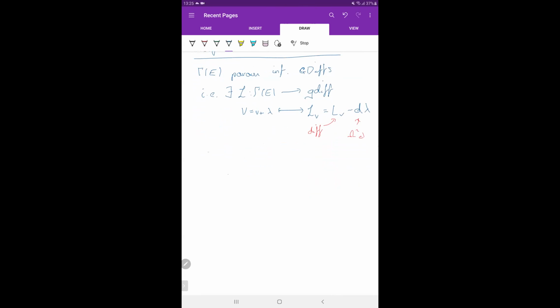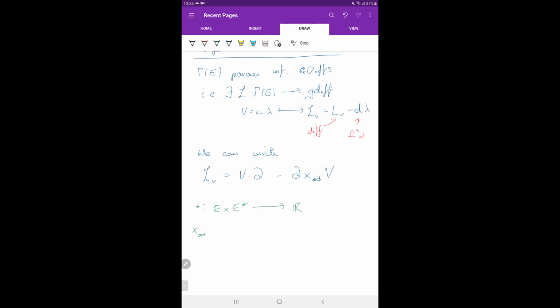Now we can write this in an ODD covariant way. We can write this like this, where this dot is the natural contraction of E and E star, the dual space.